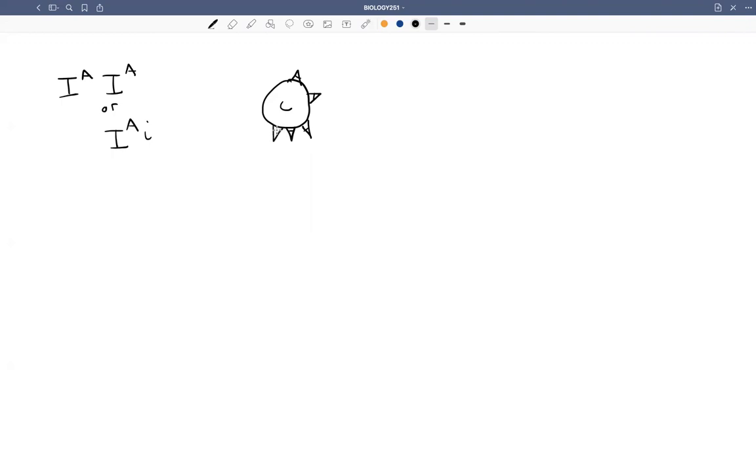So the genetic instructions for the big IA allele are the instructions for how to make this cell identifier, basically. So this is a red blood cell. It's got that kind of donut dimple appearance. Having the big IA gives this A antigen. So antigen is a cell identifier.